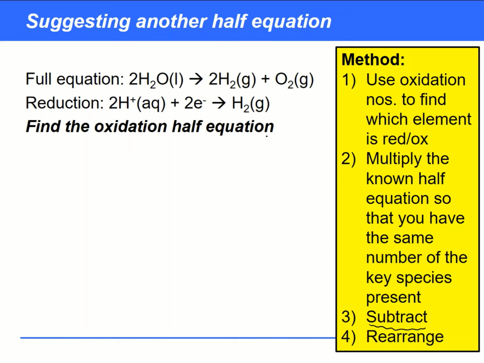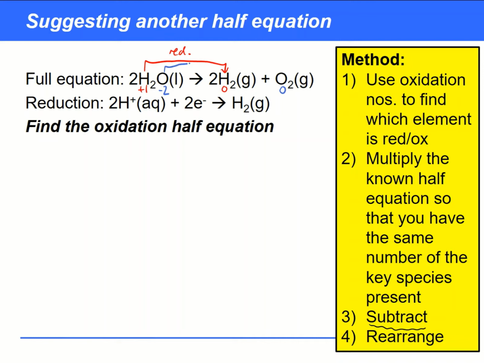So the first thing we're going to do is use oxidation numbers to find out which element is reduced and oxidized in the full equation. If I do that here, just to summarize, I can find that the hydrogen is going to get reduced and the oxygen is going to get oxidized from -2 to 0.